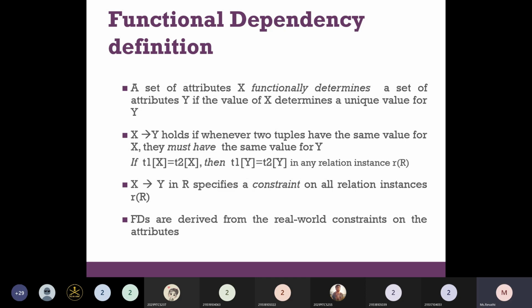So this is the formal definition for functional dependency: X determines Y, in the sense that a set of attributes defined in X determines the values of Y.